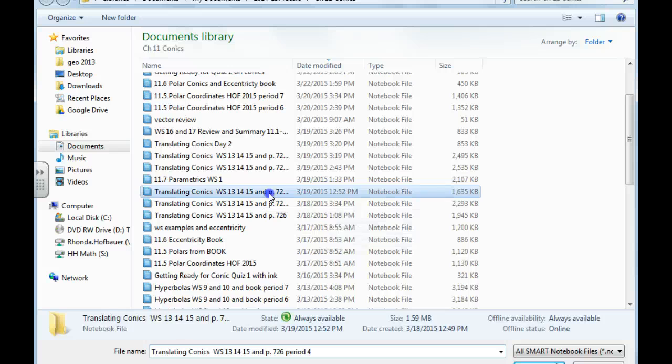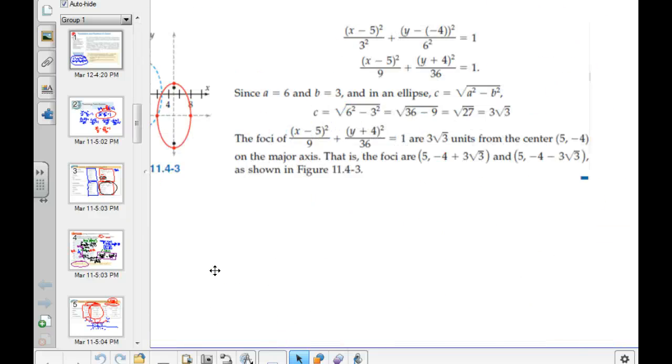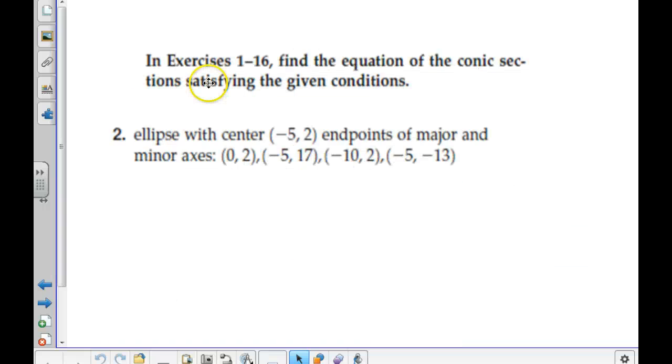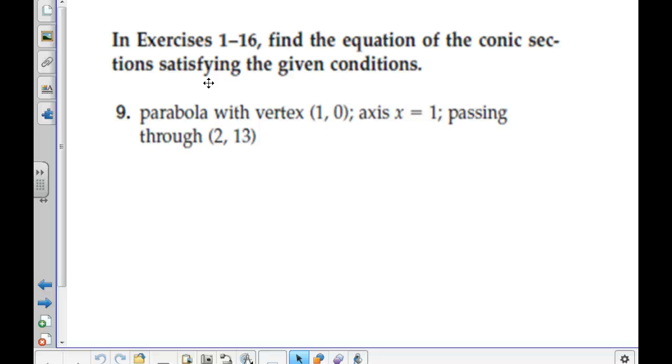Here, this says 726. I think I found it. Okay, book page. Which one? Number 9. Okay, this is number 9 on page 726.